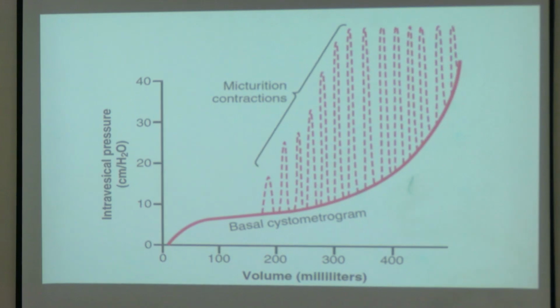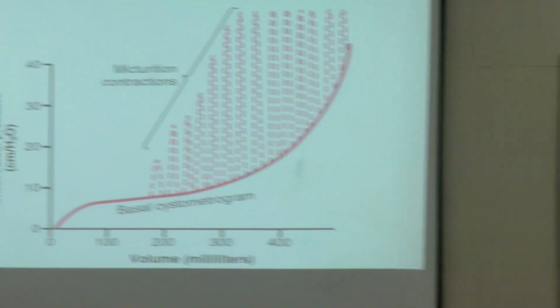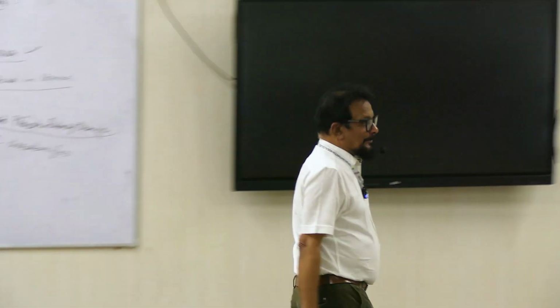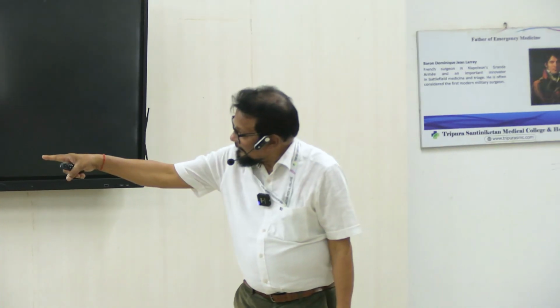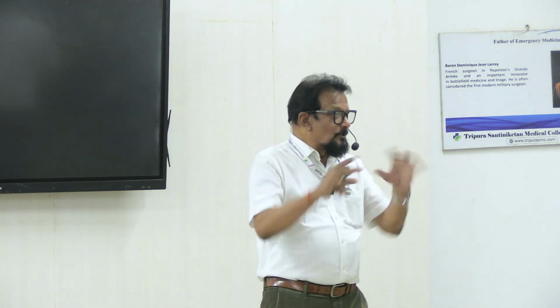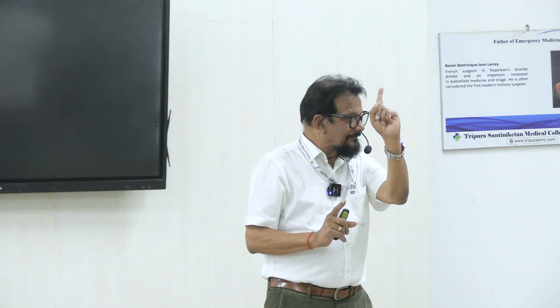Now let us see the mechanism. Before we start the mechanism, we need to explain this. What is this? This is a graphical record. On the x-axis, what is there? Volume of urine in the urinary bladder. When urine starts accumulating there, pressure will be rising.